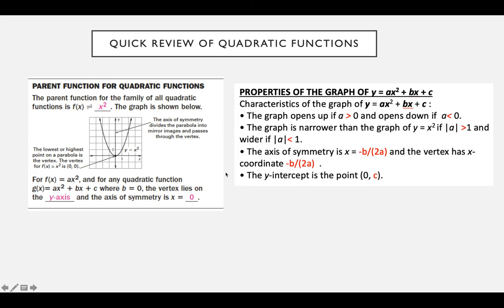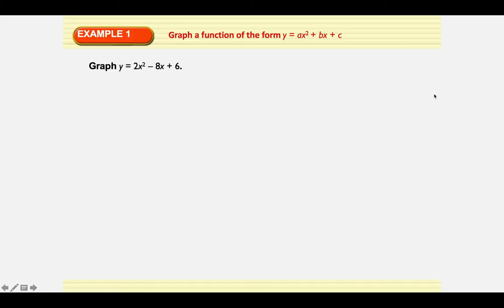The axis of symmetry is x equals negative b over 2a, and the vertex has x coordinate negative b over 2a. And the y-intercept is the point (0, c), which is our constant in our function.